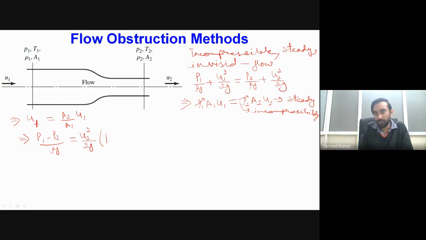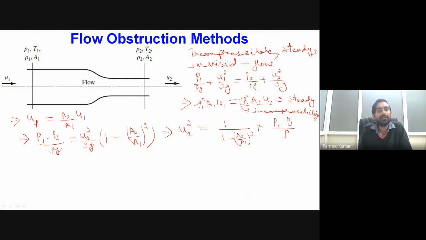If I take U1 to the right-hand side, in place of U1 I can write minus A2 by A1 whole square into U2 square by 2g, so that will be a constant. This g will cancel out, and finally the value of U2 square will be 1 divided by 1 minus A2 by A1 whole square, times P1 minus P2 divided by rho.